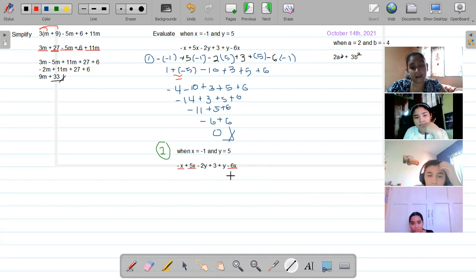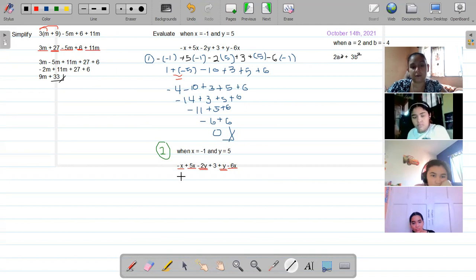5x, correct. Now I've got something else. I got a variable y. With -2y, do I have another variable y in there? Yes. Which one? Y, right? So this is my other like term. And then I have a constant. Do I have another constant? No, so I'm not gonna write it in there. I'm just gonna leave it like that.